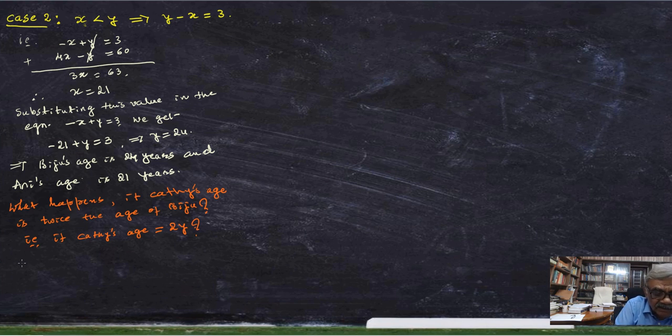In this case, my question is, who is elder among Ani and Biju, or who is older?